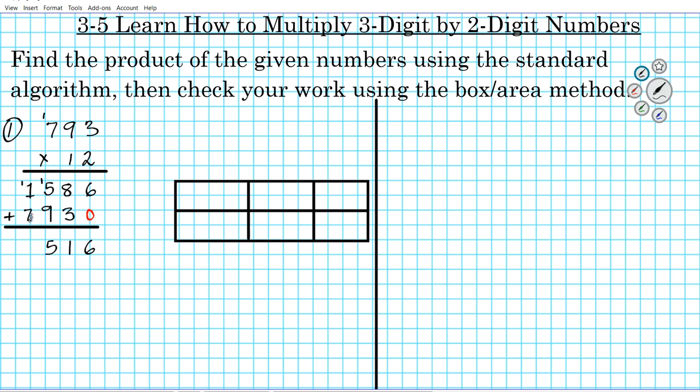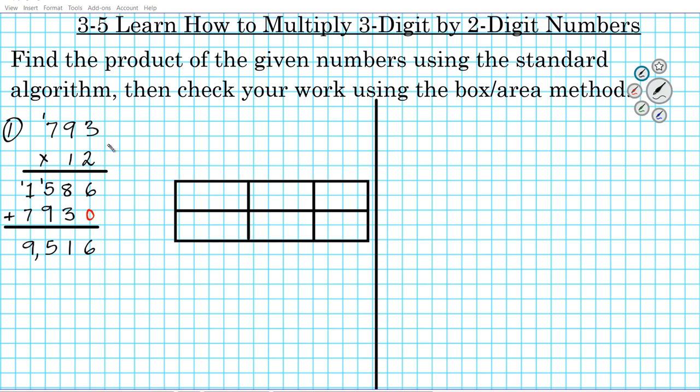And then 1 plus 2 plus 7 is 9. So our final answer is 9,516. Now let's advance to the area or box method to verify our answers.